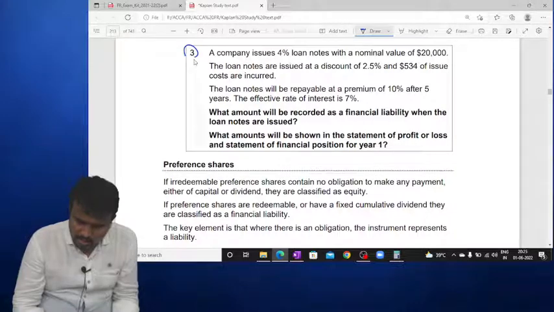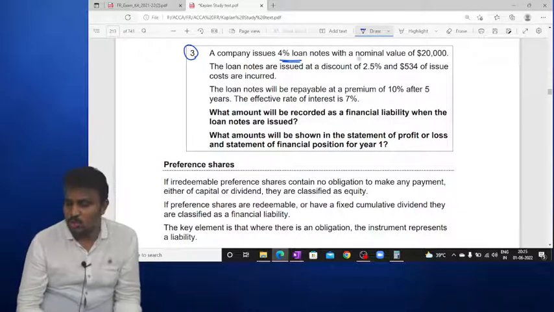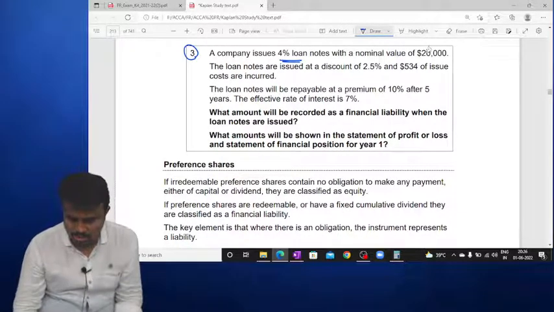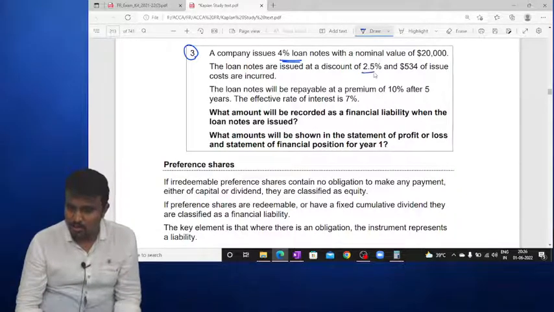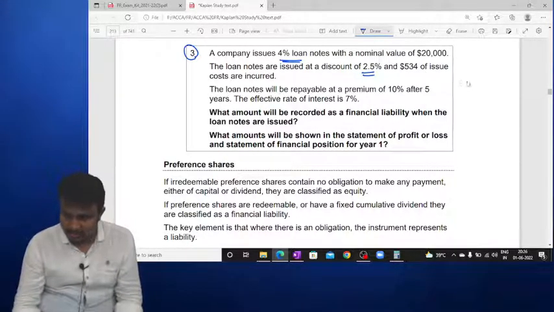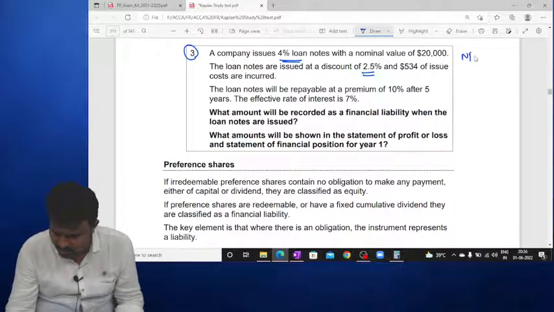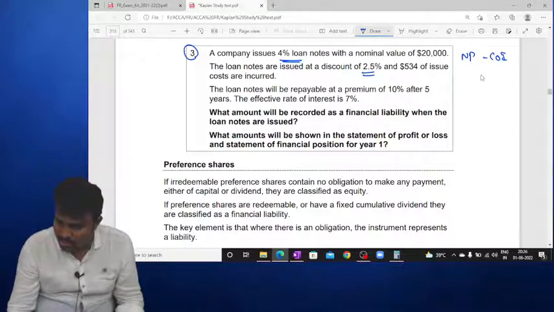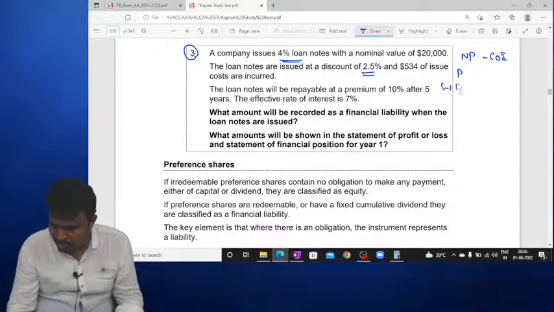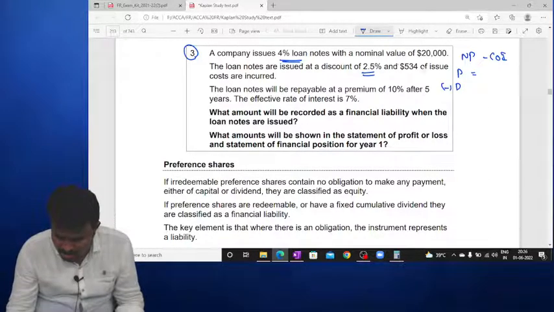Here a company issues 4% loan notes with a nominal value of 20,000. The loan notes are issued at a discount of 2.5% and 524 of issue cost is incurred. So then what is the initial recognition? We have to recognize net proceeds minus cost of issue. Here the loan notes are issued at a discount, so the net proceeds are par value minus discount. Par value is 20,000.